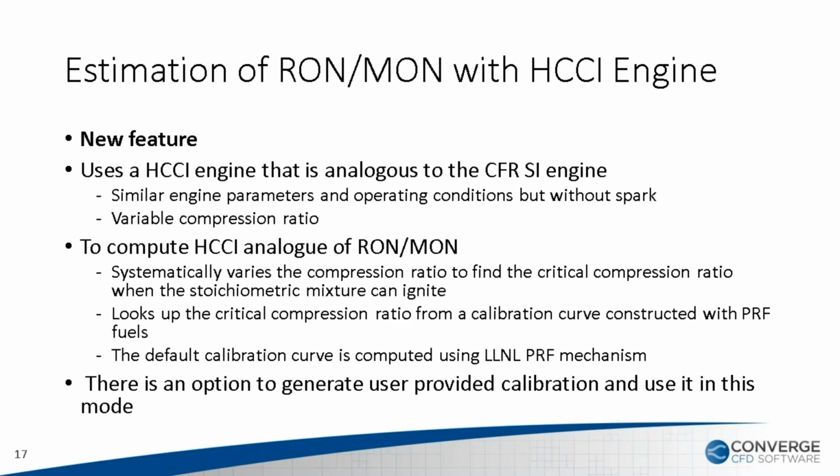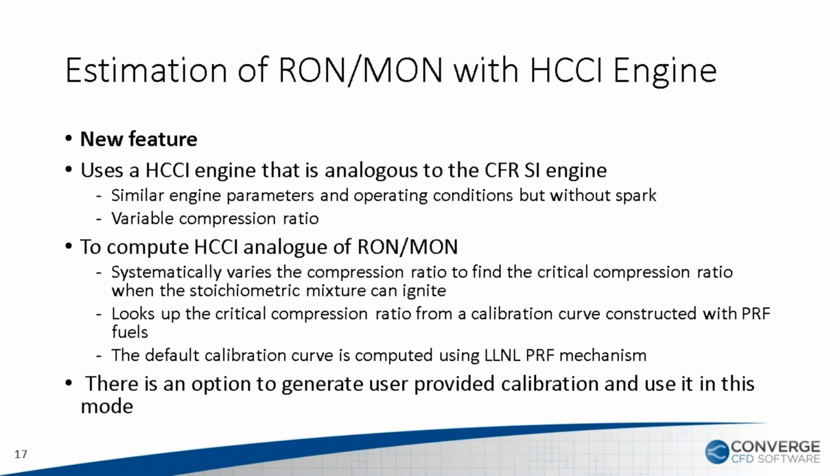Once you have the critical compression ratio for that mixture, we look it up from a calibration curve that is constructed with PRF fuel. The default calibration curve that we use is computed using the Lawrence Livermore PRF mechanism. So we believe this is a kind of estimation of RON and MON, even though it's not an actual RON/MON engine, and it gives us a good correlation with RON and MON.